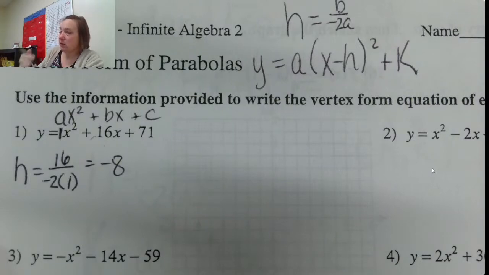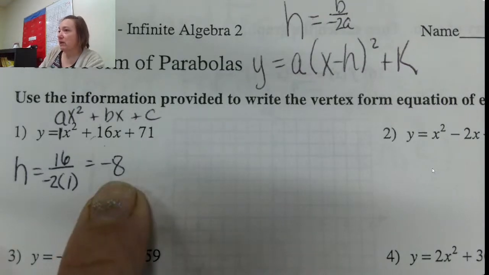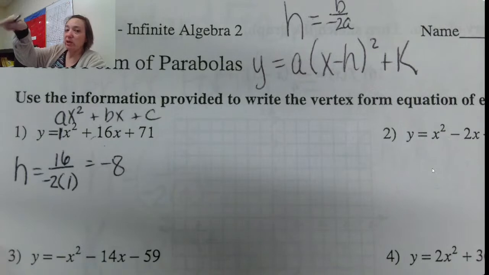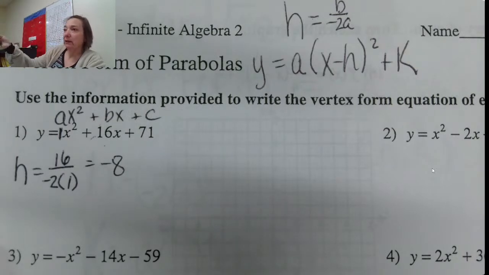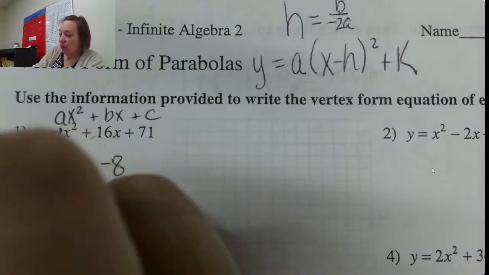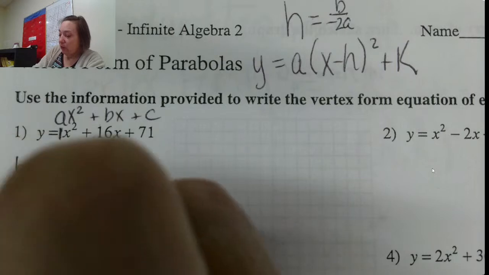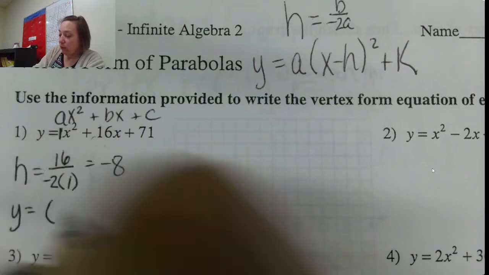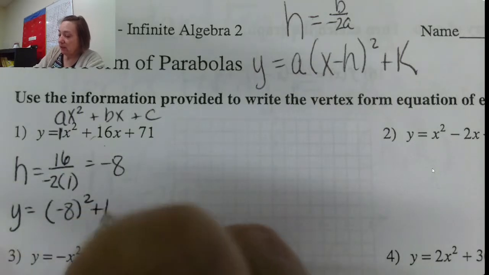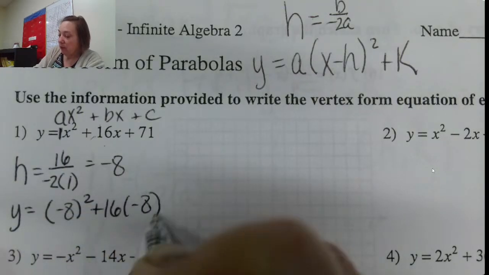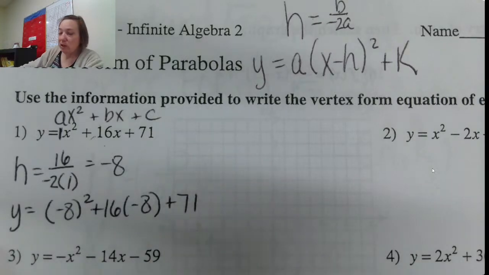We call it h, but it's the x value for our vertex. Since we know the x value for our vertex, we can plug that into the equation everywhere x is to find the y value of our vertex, which we call k. So we're going to go to our equation, and everywhere that we have x, we're going to put negative 8. So negative 8 squared plus 16 times negative 8 plus 71. And we just do that math.